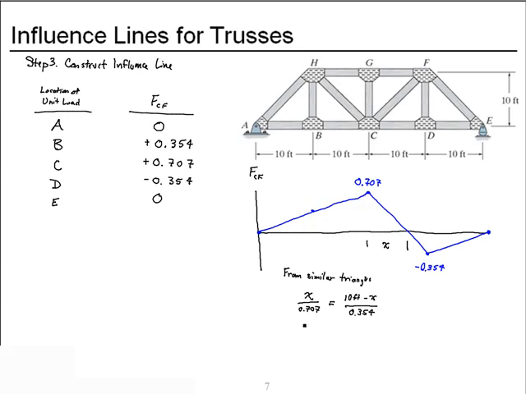Well, if I cross multiply, I'll get 0.354 x is 7.07 feet minus 0.707 x. Put those all together and we find that x is 6.67 feet.